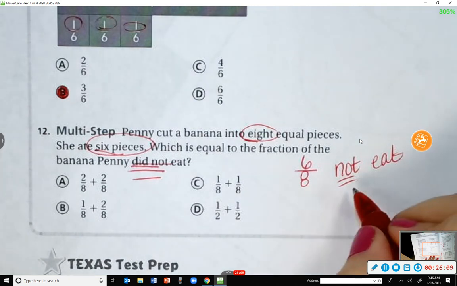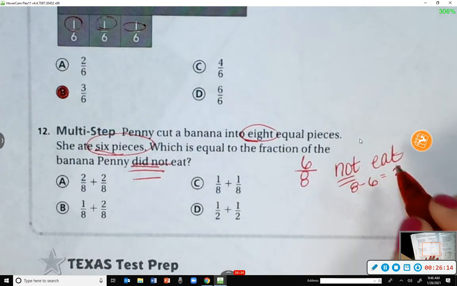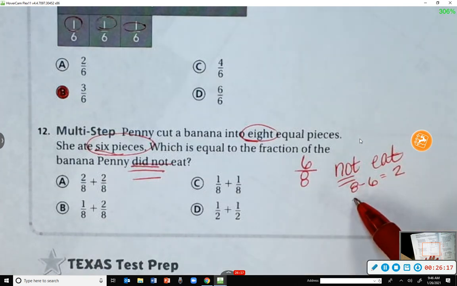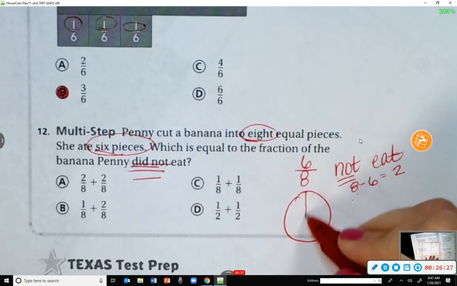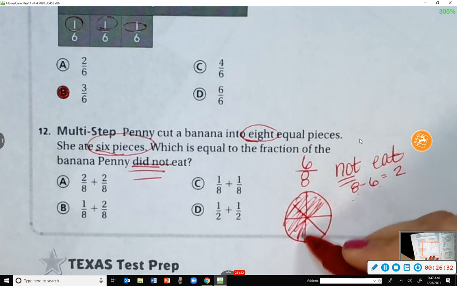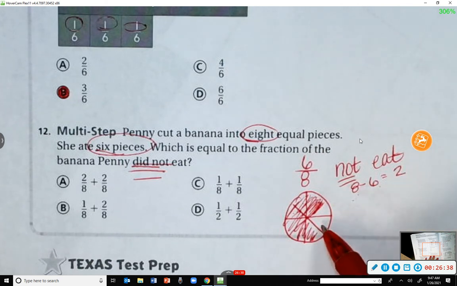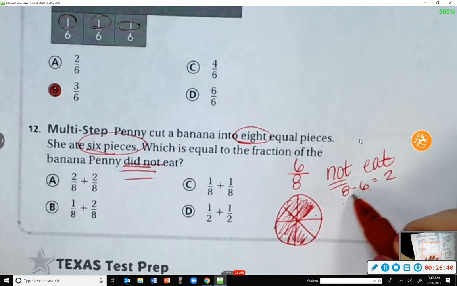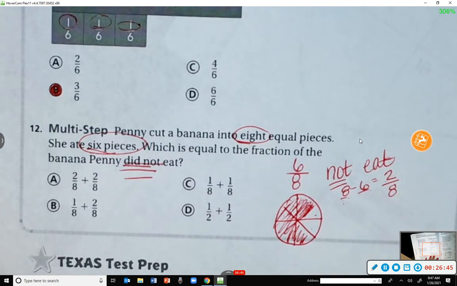Okay, slow down. You're doing everything right, but let's explain a little bit more. She did 8 minus 6 because imagine your banana. Let's just say this is my banana as a circle, and there's 8 pieces. She ate 6 of them. 1, 2, 3, 4, 5, 6. So that means 2 of those pieces are left. So that's what she did here. 8 minus 6 is 2. So that's your numerator. 2/8.